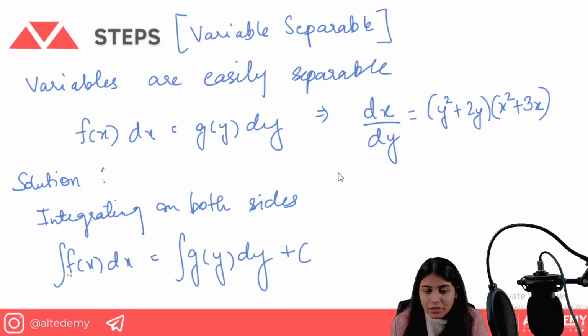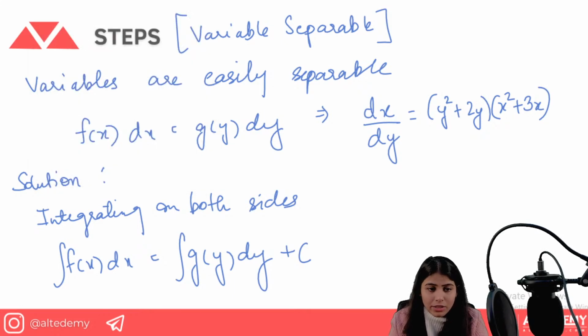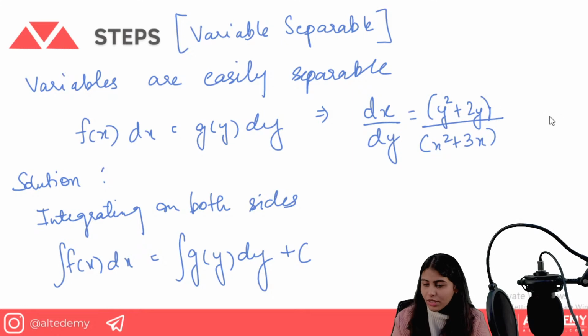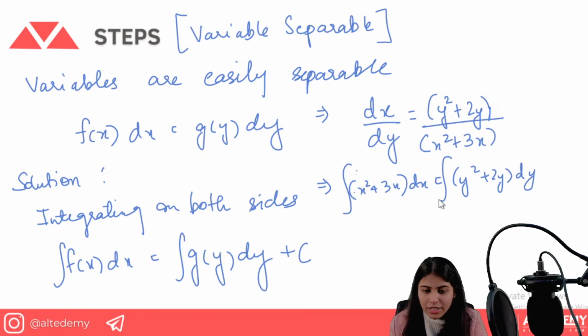For the variable separation, it can be written as x square plus 3x dx equals y square plus 2y dy. Now what you do is integrate on both sides. What do you get?